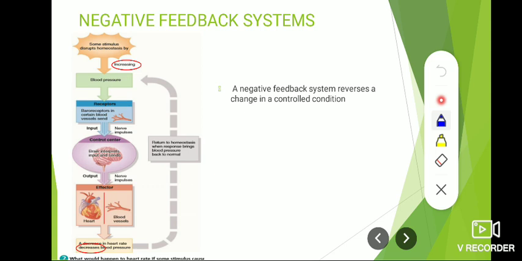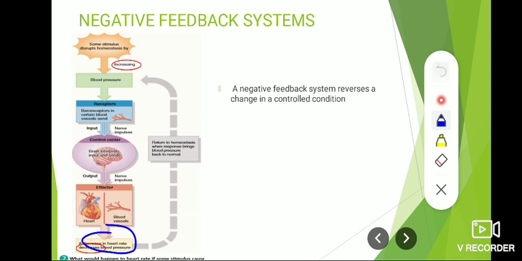That means now, as a doctor, you have to start thinking, where can be the problem in this system? Why is it not bringing it back to normal? Is there a problem with the receptor, or the nerves carrying these impulses to the center, or a problem in the vasomotor center, or in the nerve impulse coming from the vasomotor center to the heart, or a problem in the heart, or in the blood vessel, or in the feedback loop?